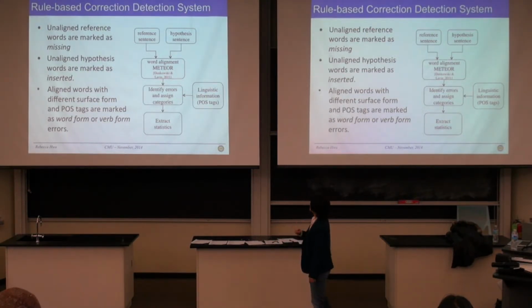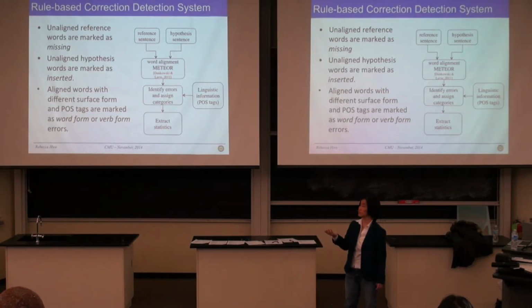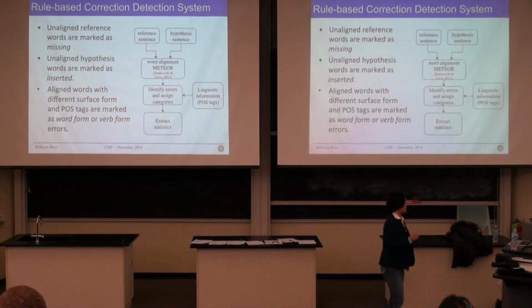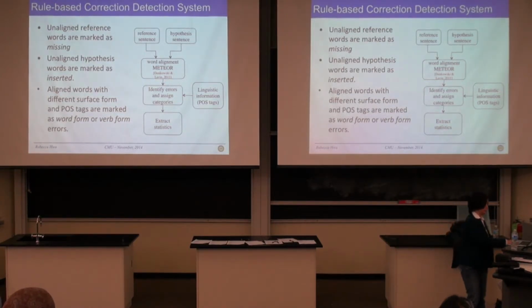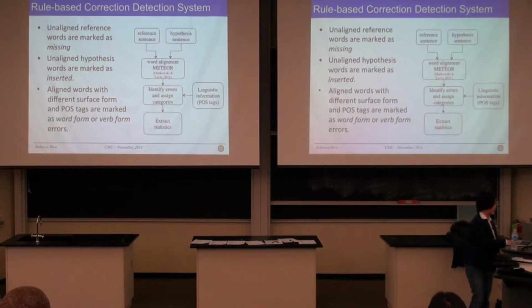So that was one of the changes we've made. And then after the alignment, we look for errors by looking for patterns and then assigning them using POS tags and so forth. After we were done, we extract the statistics and then have kind of this profile of how an MT system performed in terms of the sort of mistakes that they made.